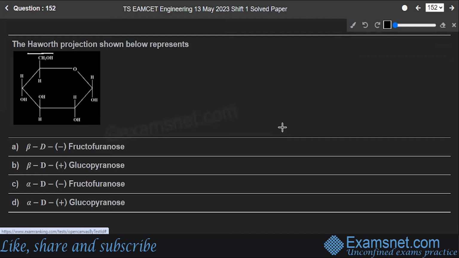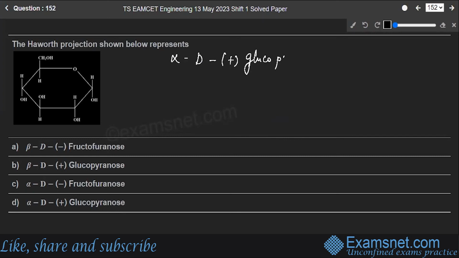The Haworth projection shown below represents which of these options? Okay, the given Haworth projection is alpha D glucopyranose.